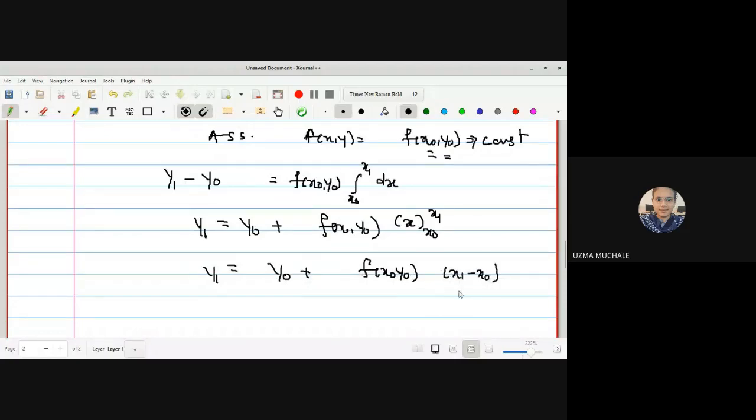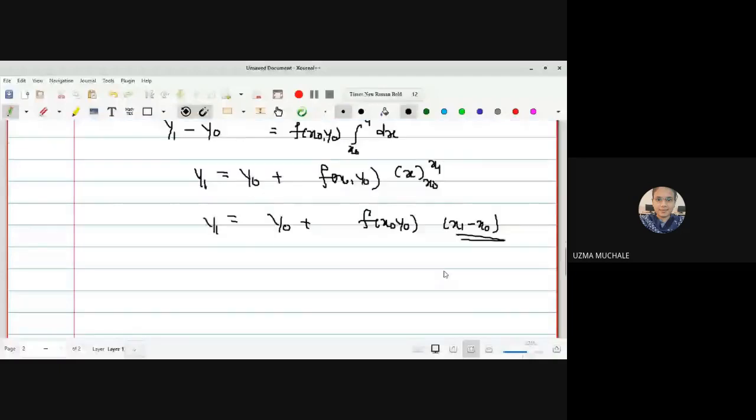What is the value of this x1 minus x0? This is the difference between two consecutive values, and every time we write this as h.